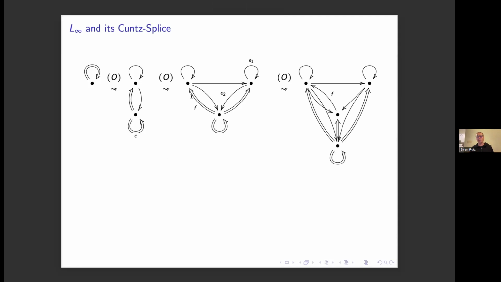All of these moves preserve Morita equivalence. In fact, they're isomorphic. And the key now is that this is a vertex that does not support a loop, a cycle of length 1, so we can collapse it. That means we're going to get a loop on this vertex here. And so when you collapse it, you get that graph.